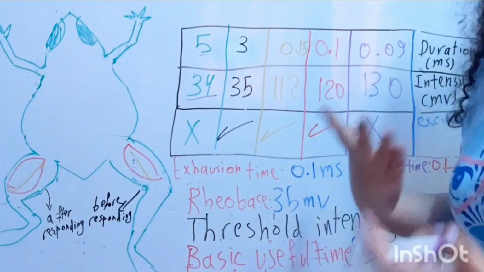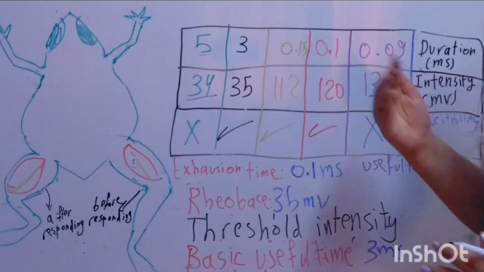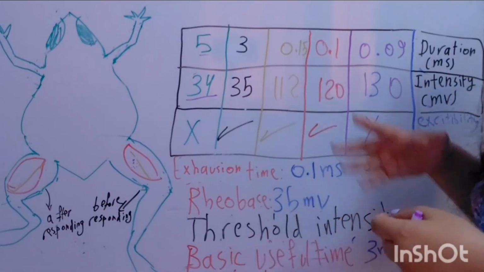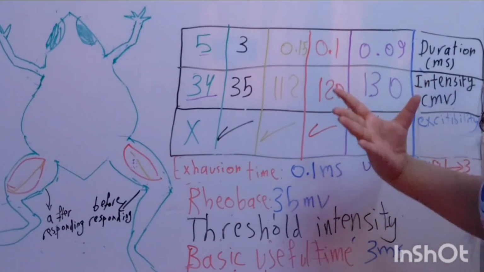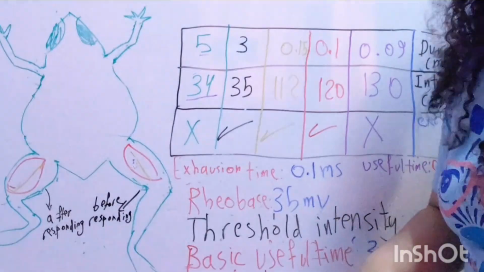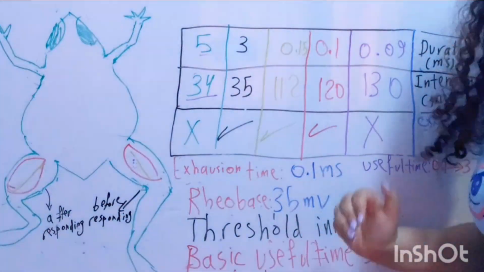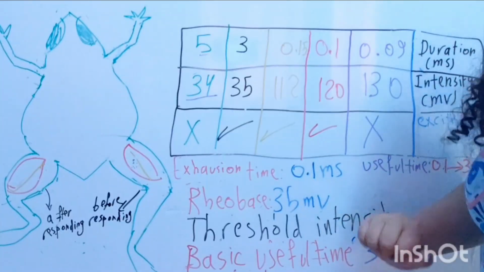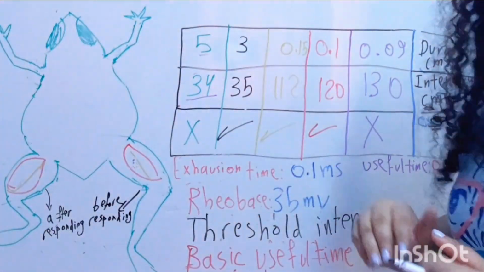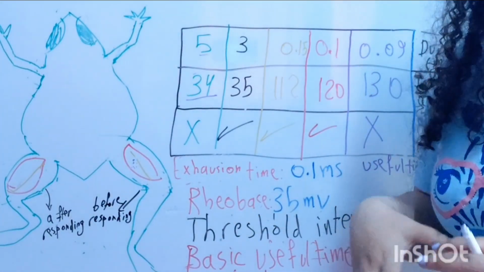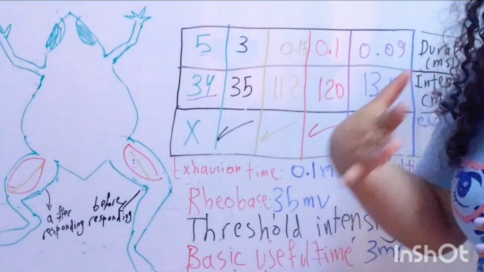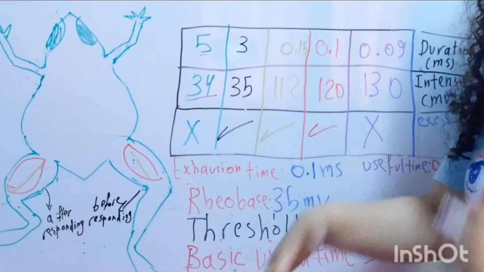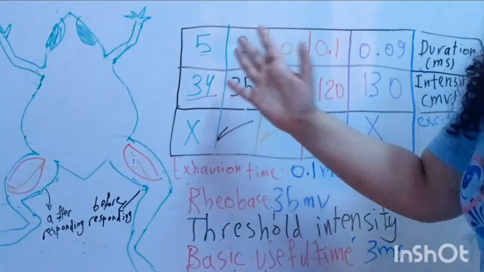But when the scientists decide that the duration that we want is, for example, 0.15, then the threshold intensity is 112. Threshold intensity can be changed when the duration is changed, but rheobase is fixed. It's always the minimum intensity, the minimum intensity that we need when the duration is very long.